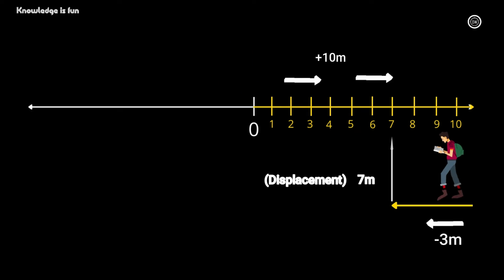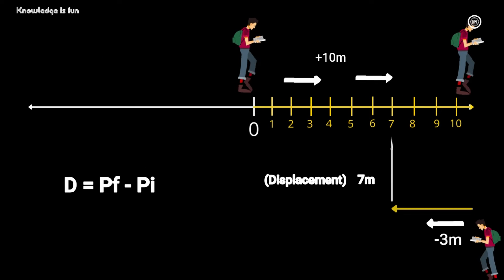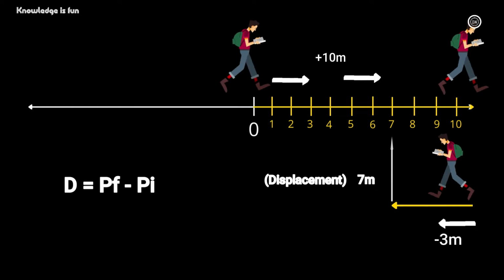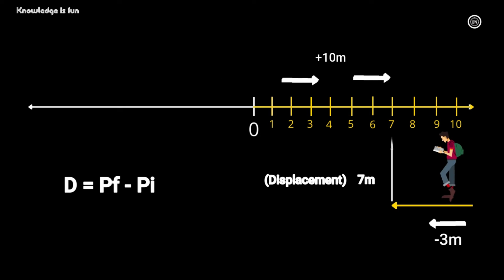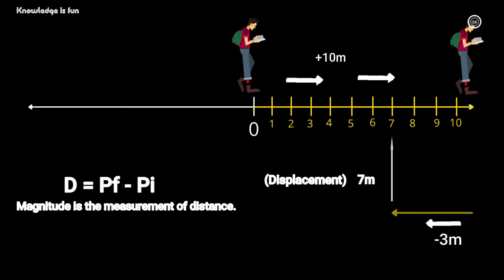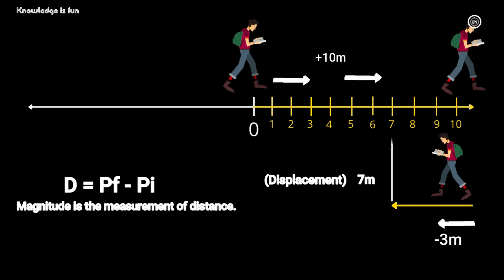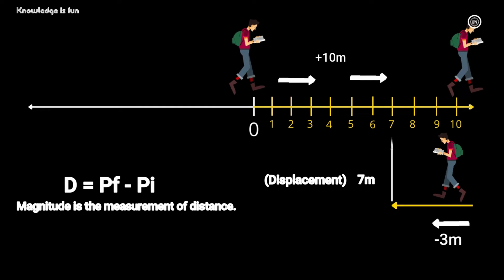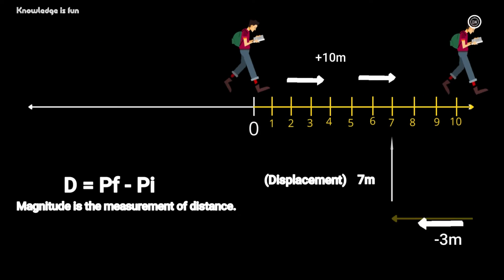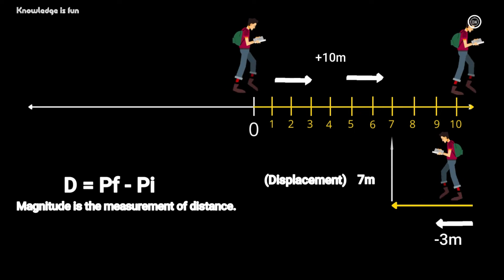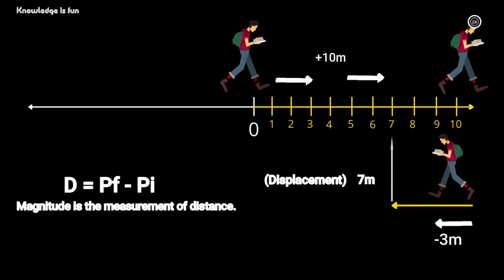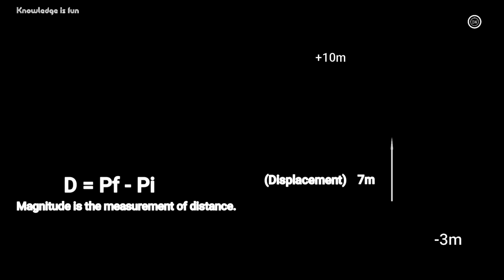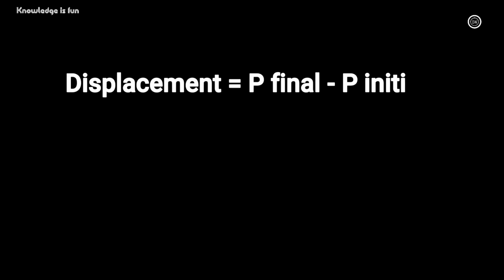So do not forget, displacement is the difference between the final position and the initial position, okay? Now don't forget, magnitude is how far someone or something has traveled. Now let's put the formula out. So displacement equals the final position minus the initial position.